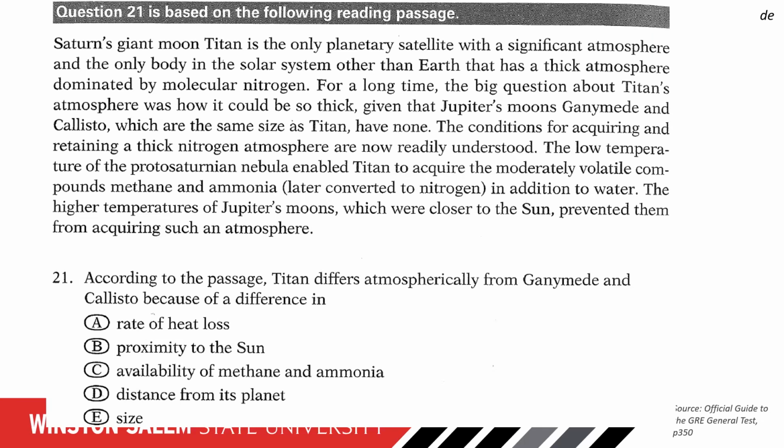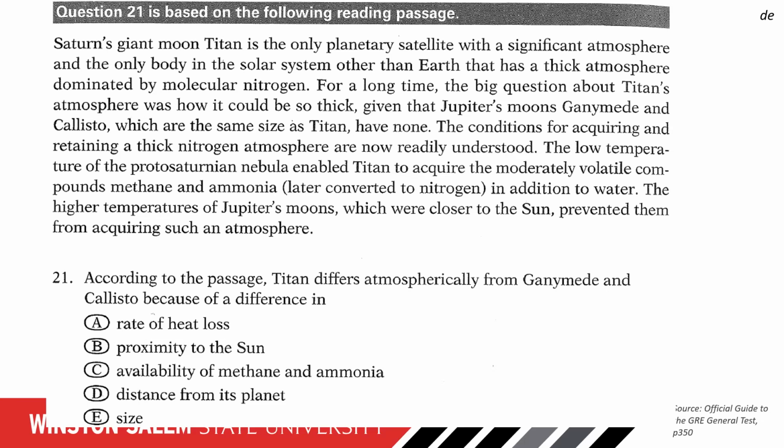Okay. For a long time, the big question about Titan's atmosphere. Well, I don't think it would be size because it says that given Jupiter's moons, Ganymede and Callisto, which are the same size as Titan.